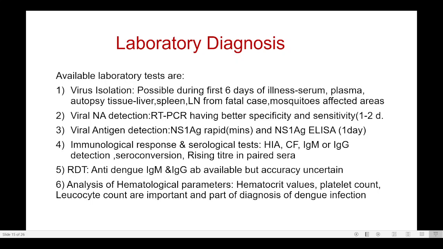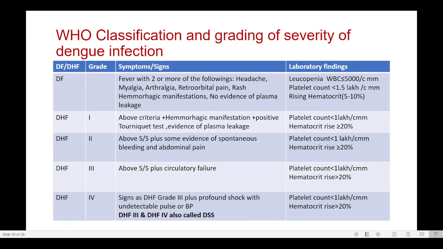So, analysis of hematological parameters is one of the mainstays of diagnosis and management of dengue. Now coming to the WHO classification and grading of severity of dengue infection. This grading is very important because our management of dengue infection starts upon this grading.